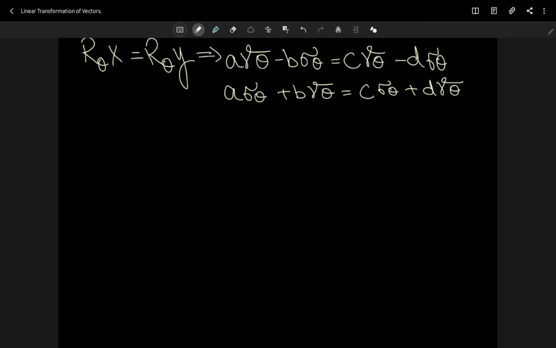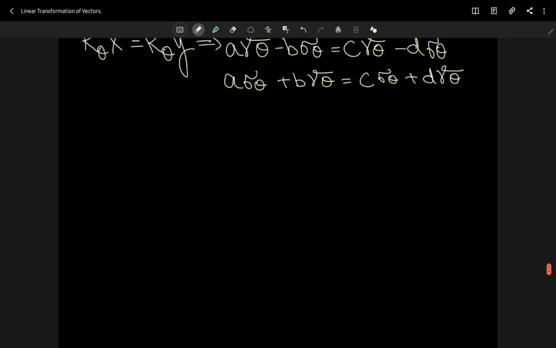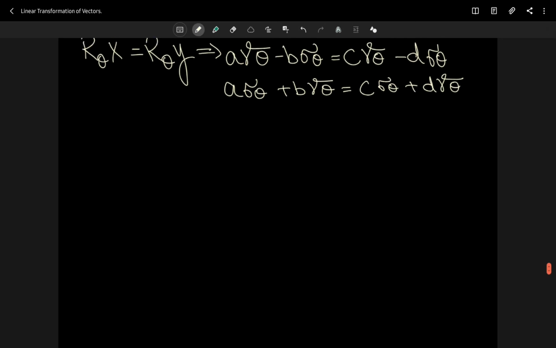Now if I were to collect some like terms together and factor them out, what I get from this first expression is A minus C. See, you have A with cosine theta and you have C with cosine theta. So I'm just factoring those out.